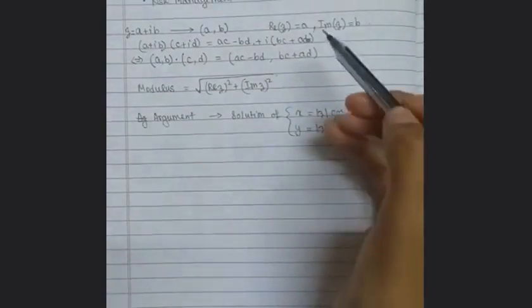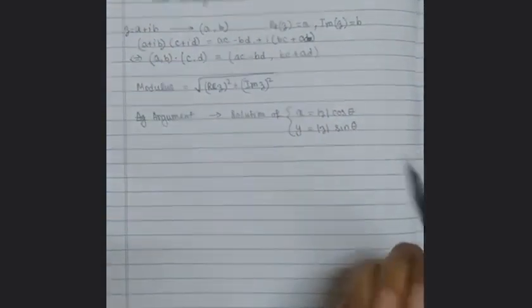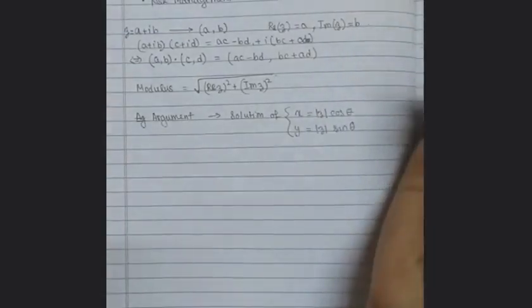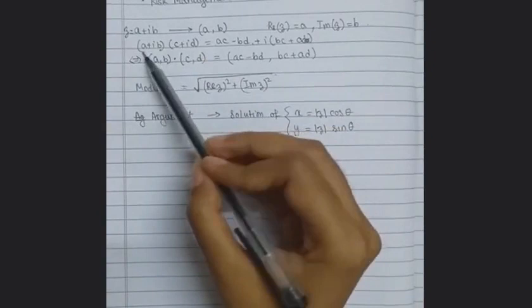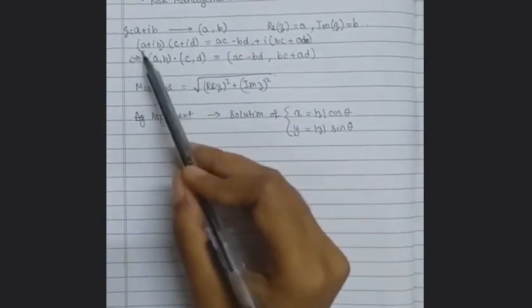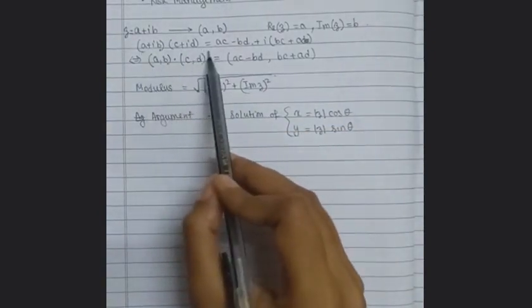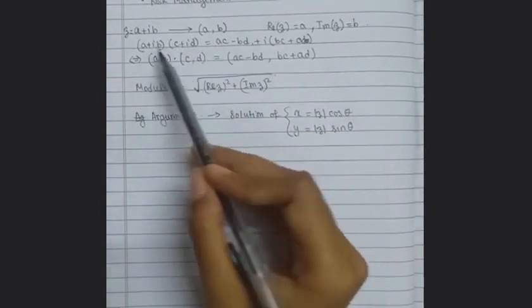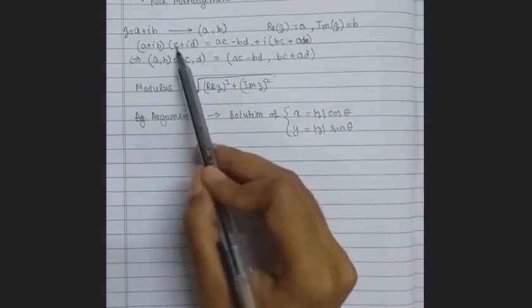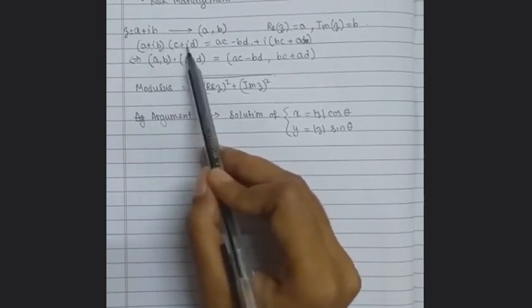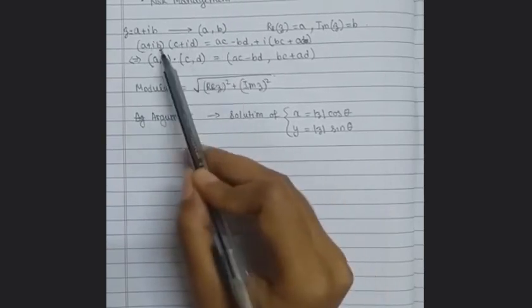So how do you add and multiply different complex numbers? Well, multiplication, you do it like this: (a plus ib) into (c plus id). Then you multiply it. Clearly you can see that the real part would be ac, and i into i becomes -1, so minus bd.